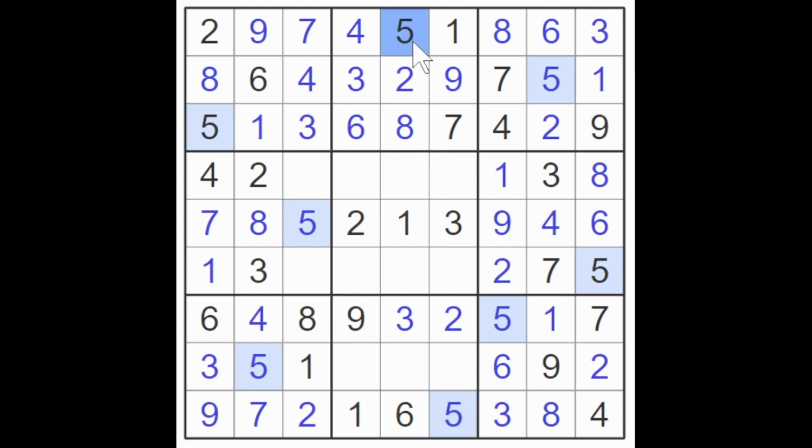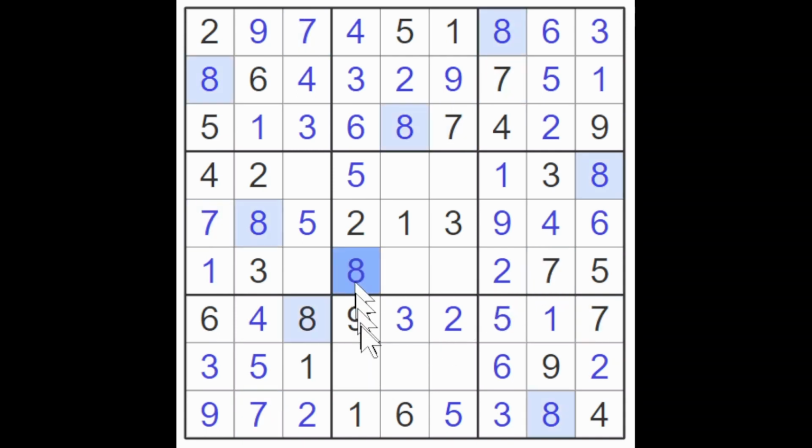Now this 5 and this 5 and this 5 force a 5 to go here. What were these again? There were a 6 and a 9. Nothing to do right now, but these three now have to be a 4, 7, and an 8. So this is a 7 or an 8, and this is a 7 or an 8, but there's a 7 here.